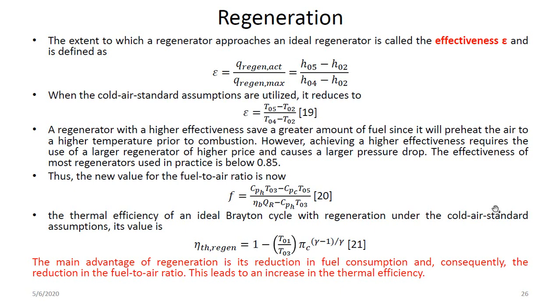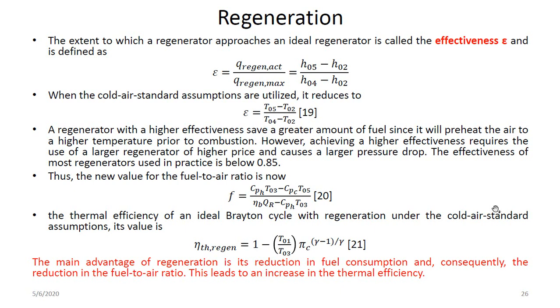And from here, you can get the fuel-air ratio for a gas turbine that incorporates a regenerator. You can use equation 20, and the efficiency of this gas turbine with a regenerator is given by equation 21.